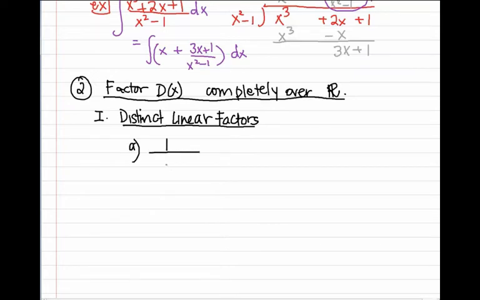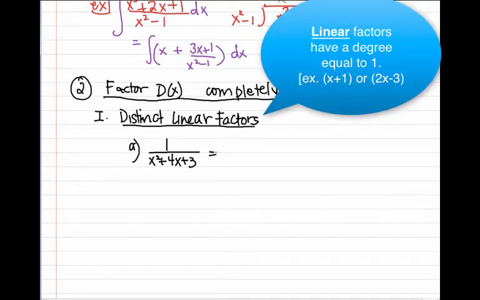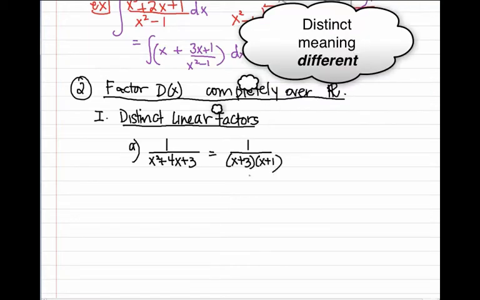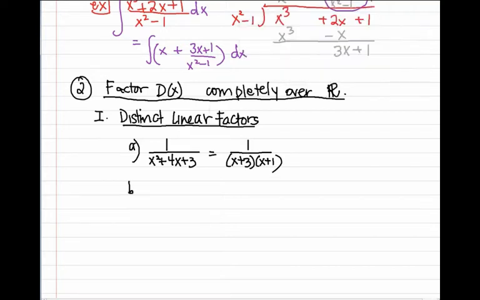As an example, we would have 1 over x squared plus 4x plus 3. If we were to factor the denominator, we have 1 over x plus 3 and x plus 1. Those would be distinct linear factors. Another example would be if you had x plus 1 over x squared minus 2x plus 8. It's okay for your numerator to have an x plus 1 up there. This would be x minus 4, x plus 2 on the bottom.